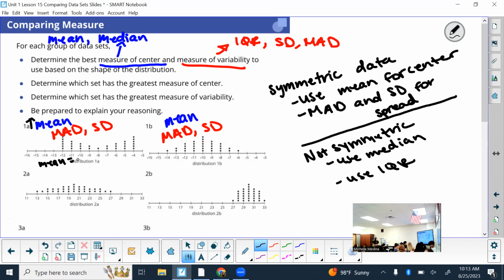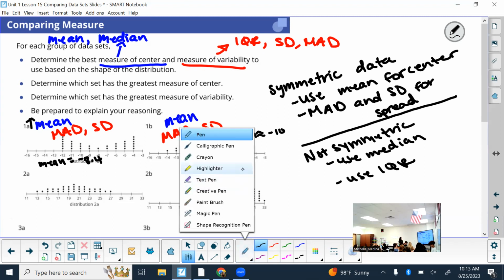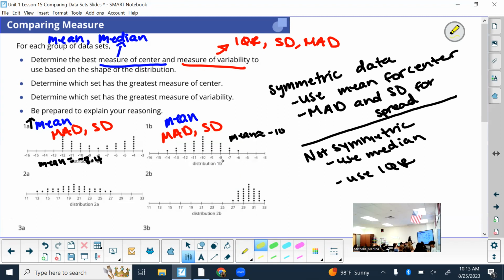And then what's the mean approximately for this one? Negative 10. Okay, so this is how you can visually estimate the mean. It won't always be exactly that, but since my data is symmetric, my mean should match my median, essentially.